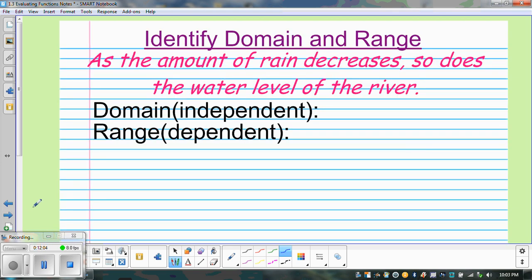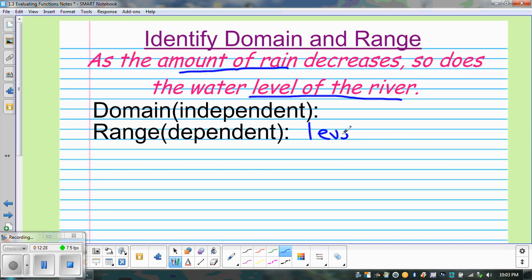Okay, next example. We want to compare the amount of rain decreasing with the water level of the river. So as the amount of rain decreases, so does the water level. So we're talking about the amount of rain, and we're talking about the level of the river. Which one depends on the other?